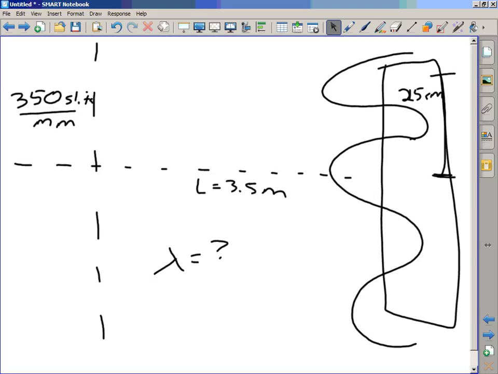Now, the beauty of this experiment: you're given the diffraction grating, it's already machined for you, so it tells you on there how many slits per millimeter you have, and the only other tool you need is a meter stick. I can take a meter stick and measure 3.5 meters pretty precisely.